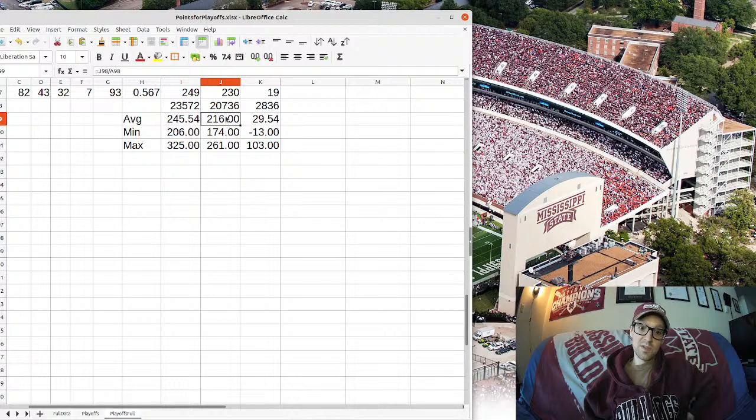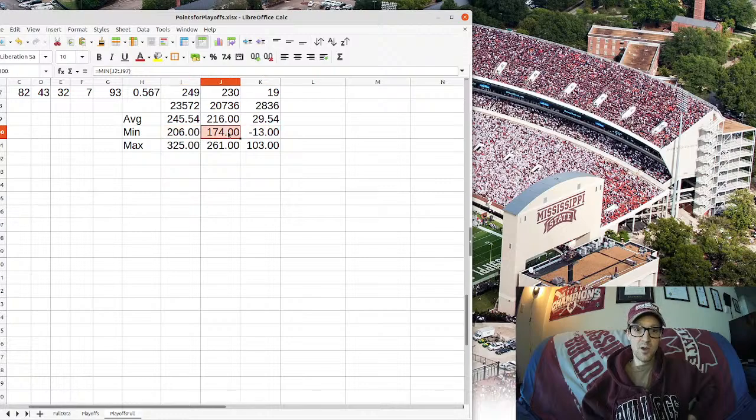The average goals against was 216 and differential 29. The minimum goals for of all those seasons that allowed a team to make the playoffs was 206.